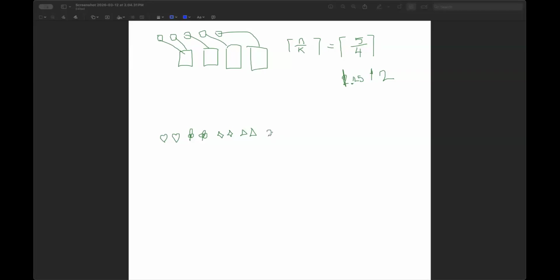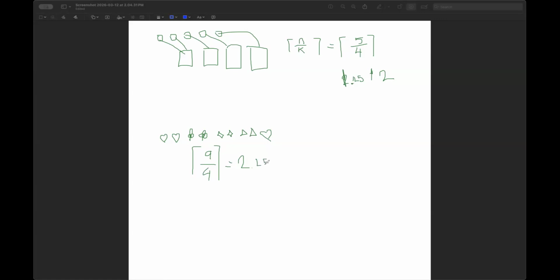So let's say I have a heart again. So when I get to 9 cards, it's guaranteed. So if I do this and I take n over k, I've got 4 suits to choose from. Think of those like the boxes. And I'm choosing from 9 cards, 9 over 4, that's going to give me 2.25.